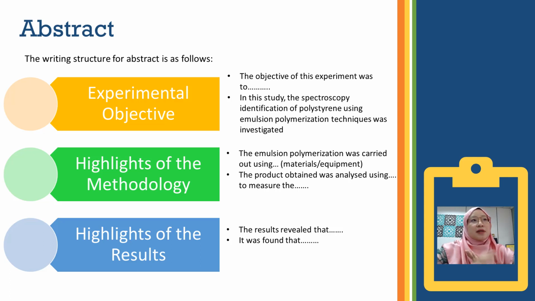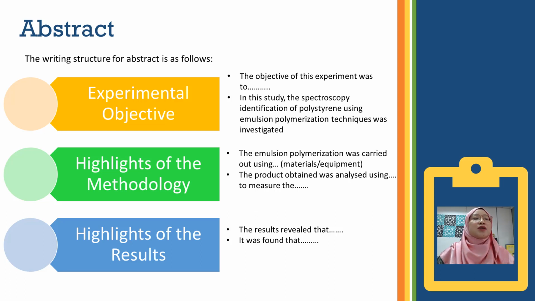On the right-hand side you can see examples of wording or sentences you can use to start your abstract. For example, you can start with: the objective of this experiment was to, followed by what you did in your lab.